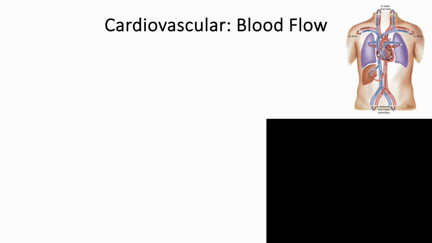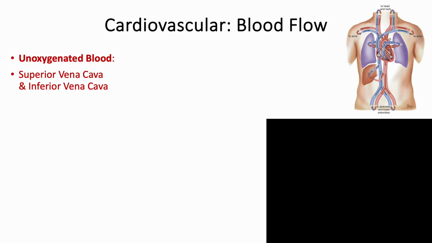We're going to look a little bit more closely into the cardiovascular blood flow. We know that from the liver to the right atrium, blood flows unoxygenated through the inferior vena cava, but we also have blood coming from the superior vena cava, draining venous blood from the head and the upper extremities.